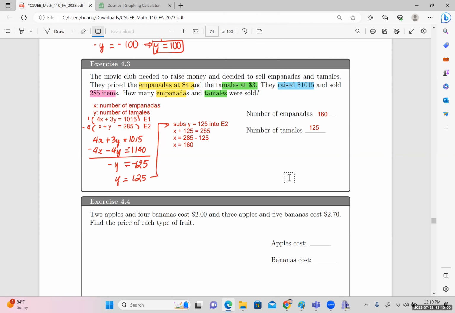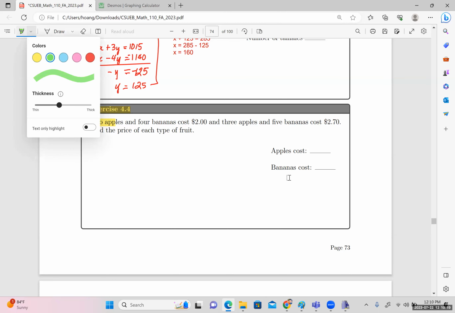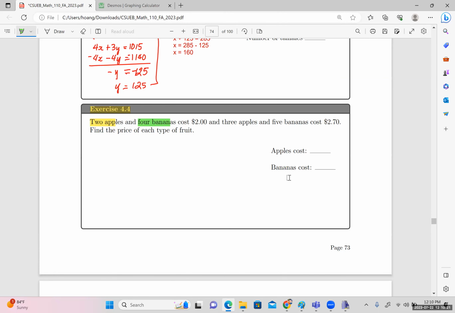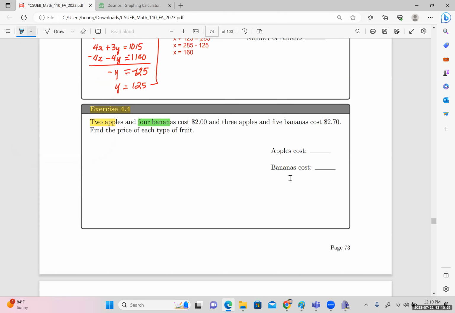Okay. So I will move to the next one. For this one, we have 2 apples and 4 bananas, and the total cost will be $2.